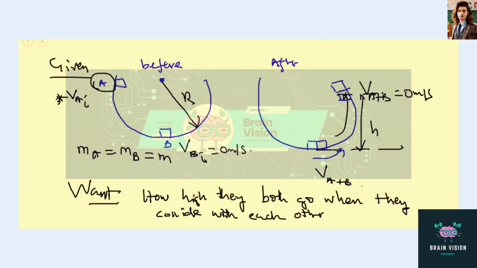That's what we're given, and you can see that this radius will give us the initial height from the base of the circular path. So this is going to be r.